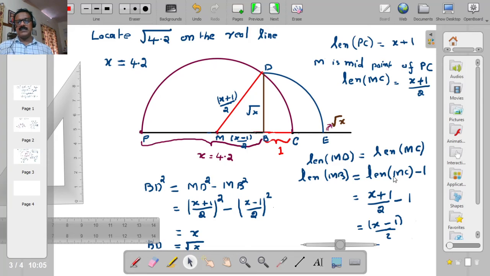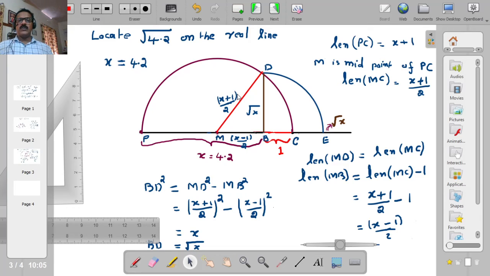So length of MB is equal to (x plus 1) upon 2 minus 1. So we will be getting (x minus 1) upon 2. (x plus 1) by 2 minus 1 is equal to (x minus 1) by 2.